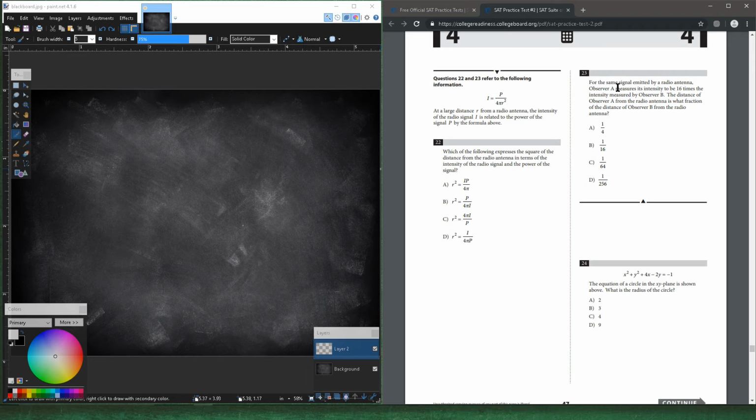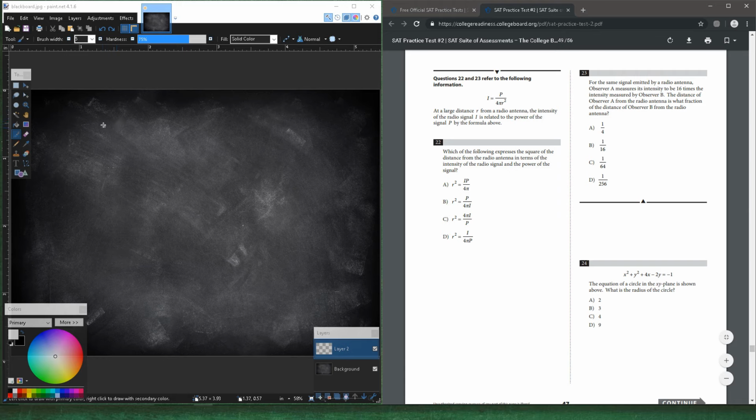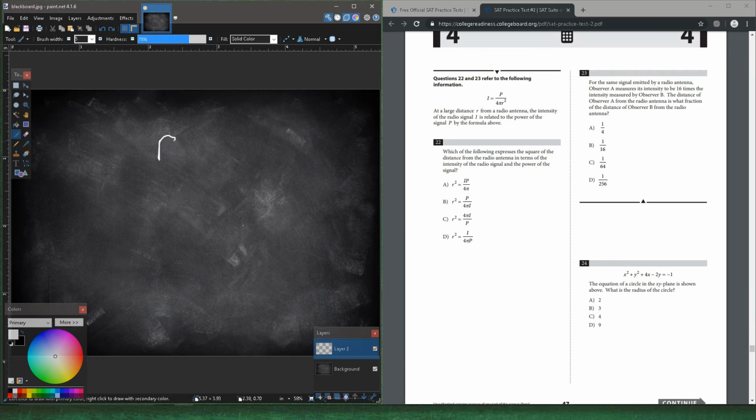So the intensity is 16 times that observed from B. Let's say intensity B is P over 4 pi r squared, and then A is 16 times more than that, so 16B equals P over 4 pi r squared.